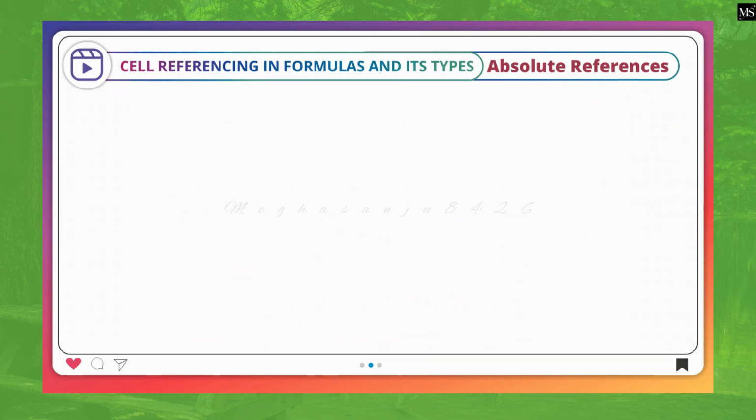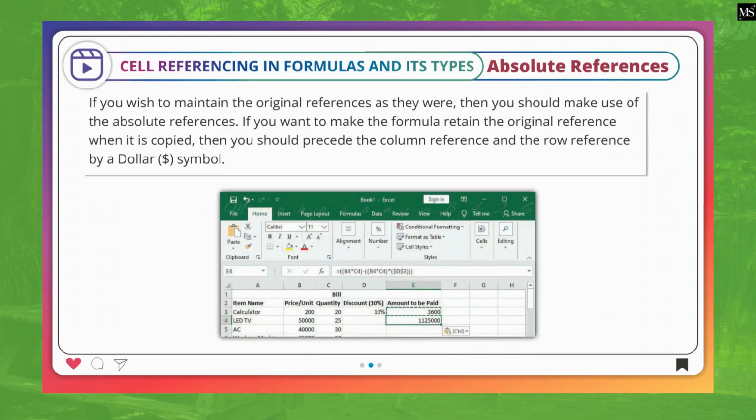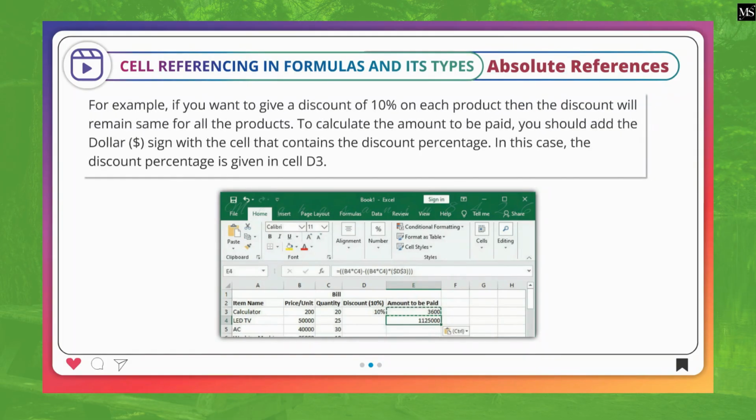Absolute references. If you wish to maintain the original references as they were, then you should make use of absolute references. If you want the formula to retain the original reference when it is copied, then you should precede the column reference and the row reference by a dollar symbol. For example, if you want to give a discount of 10% on each product, then the discount will remain the same for all the products.